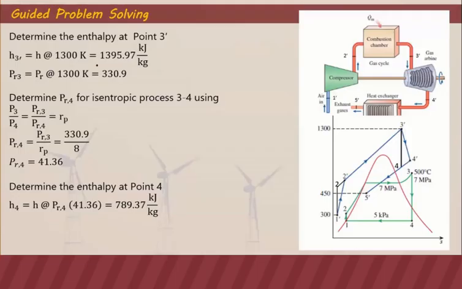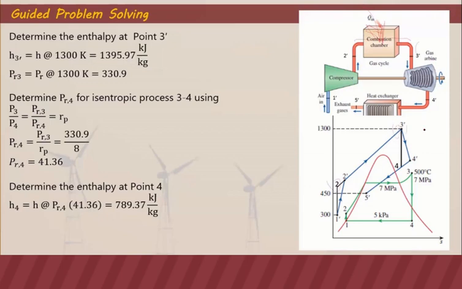Next is to determine the enthalpy at 3 prime. This is after the combustion chamber. Now you add heat here by the combustion of fuel, for example, to heat it further to point 3. As you can see, there is an increase of heat from 2 to 3 prime.